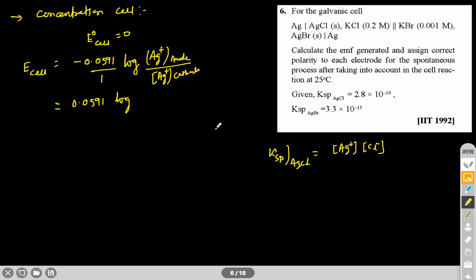So Ag plus concentration is 3.3 into 10 to the power minus 13 divided by the concentration of Br minus, into concentration of Cl minus divided by 2.8 into 10 to the power minus 10.